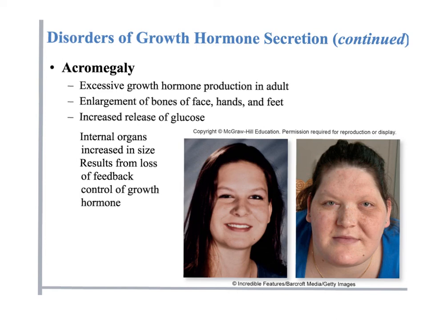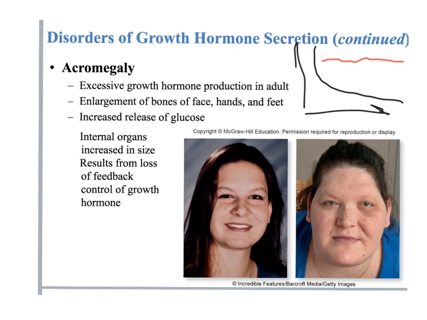They don't go away, but your production of growth hormone declines over time. But if you end up increasing this and it stays up here, when you get older, you still have growth hormone. Those bones still thicken. The enlargement of the bones, face, hands, and feet.